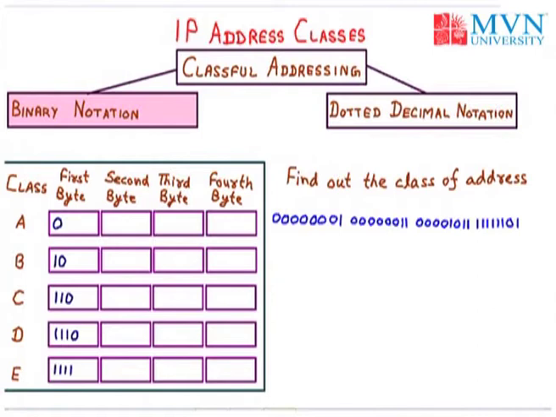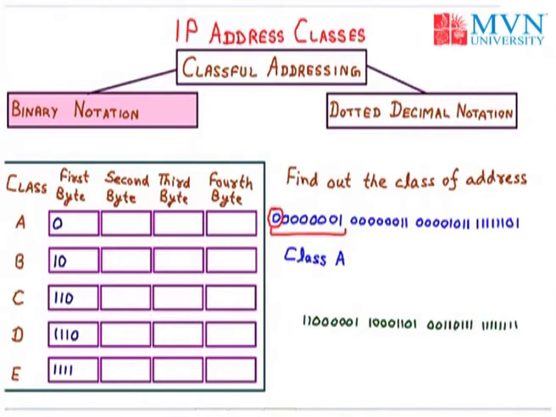Now we will find the first byte. Here is the first byte. As you can see, the IP starts with 0, so it represents class A. So the IP is of class A. Now we have one more IP address, let's take the example.